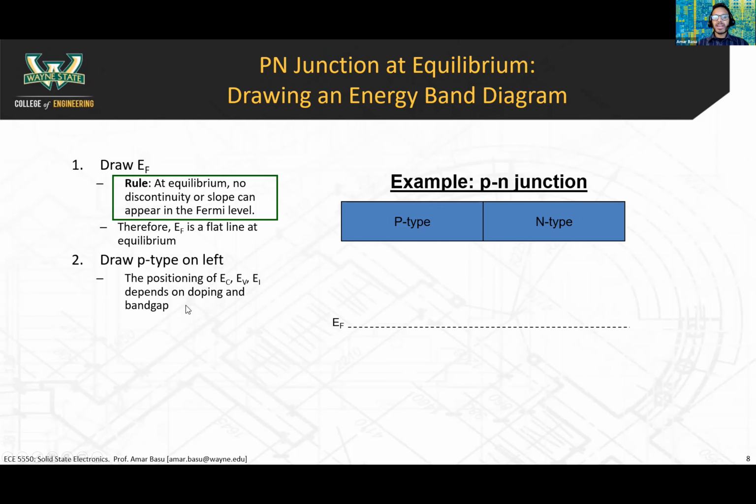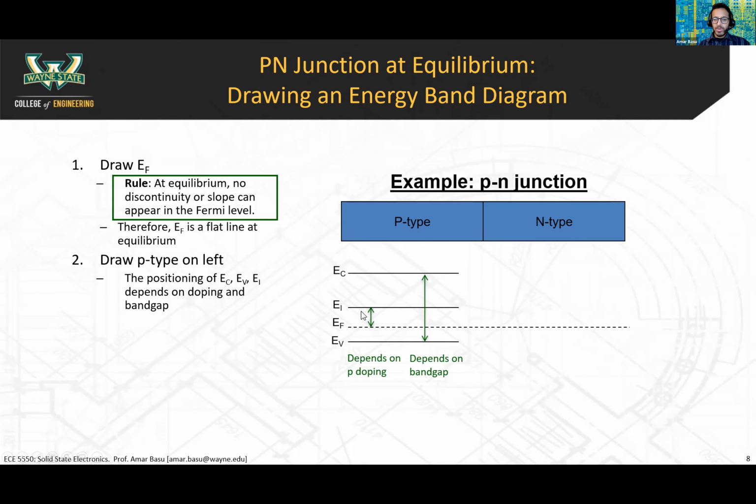Based on the type of semiconductor and the doping concentration you have, you will position the valence band and the conduction band accordingly. The Fermi level is going to be at some distance below EI, and that distance depends on your doping, so you know how to figure that out.